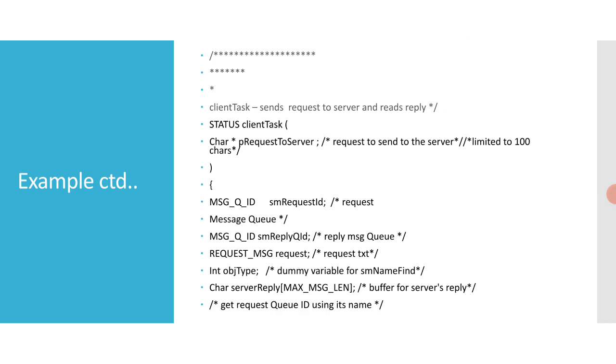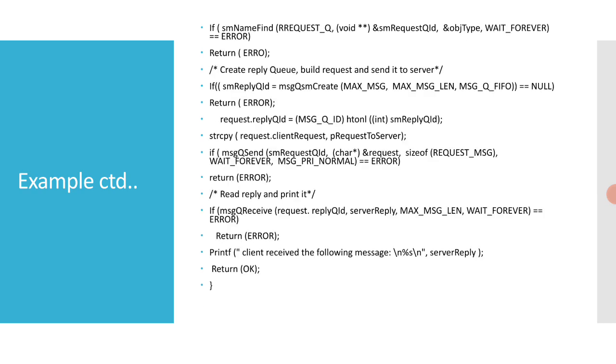For that we'll use this obj_type, and then a buffer for the server's reply, and get the request queue ID using its name, that is a simple if condition: sm_name_find, use if sm_name_find queue request, ampersand, void double pointer, ampersand sm_request_queue_id, address of obj_type, wait forever equals to error, then return error. If any mistype is there or case sensitivity, here R is small letter, typing issue, please look over that.